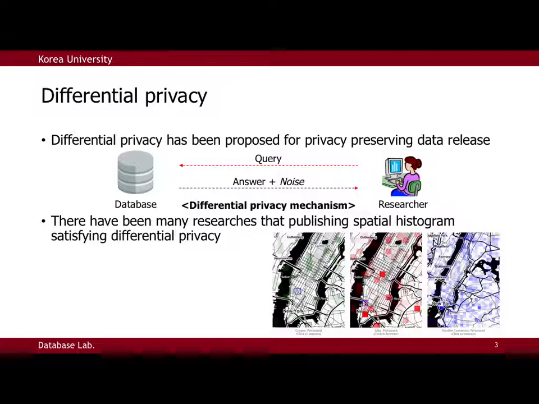The researcher knows there are 4 AIDS patients in the database. Suppose the database returns the answer 5, then the researcher will know that the owner of that record has AIDS. To prevent this situation, the differential privacy model adds some calibrated noise.